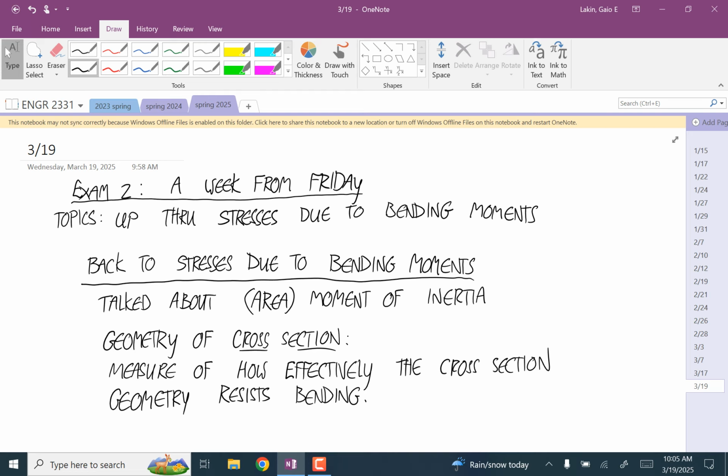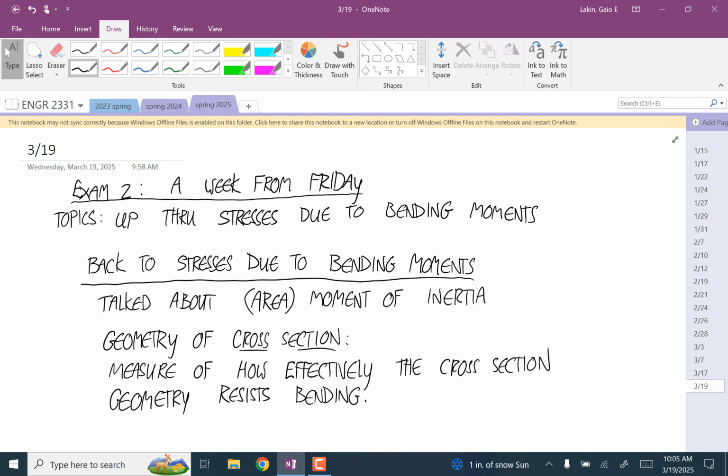And that is because we saw when I went through the integral for the area moment of inertia, that the area moment of inertia for a rectangular cross section has the height of the cross section cubed and the width just a linear term.